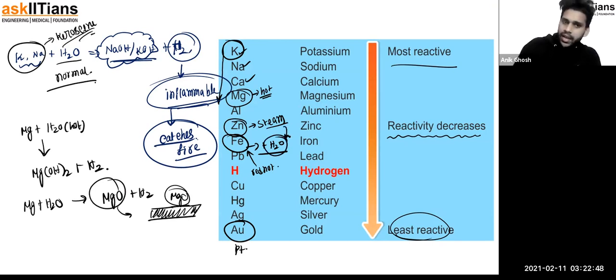Okay, so that is how you can make them react. After that, no one would react with water. No one can replace hydrogen, right? So up to iron, and sometimes lead, would react with water and give you the hydroxide and the hydrogen gases. Okay, so this is how this reaction occurs.